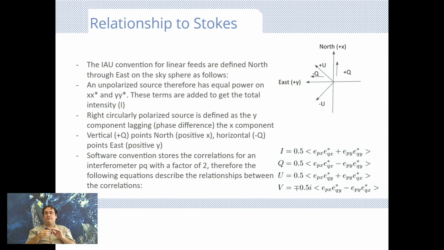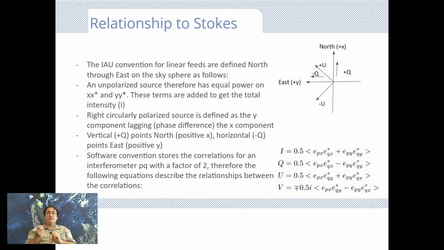And then, of course, we have the circular polarization, which is just, as we mentioned before, a delay between the signal propagating through the horizontal and vertical components on a plane as it propagates through that plane. Now, the unpolarized source, just to recap, will have no Q, U, and V components, but it will have equal chances of going through the X or the Y measuring device. So it has equal power on those two bands.